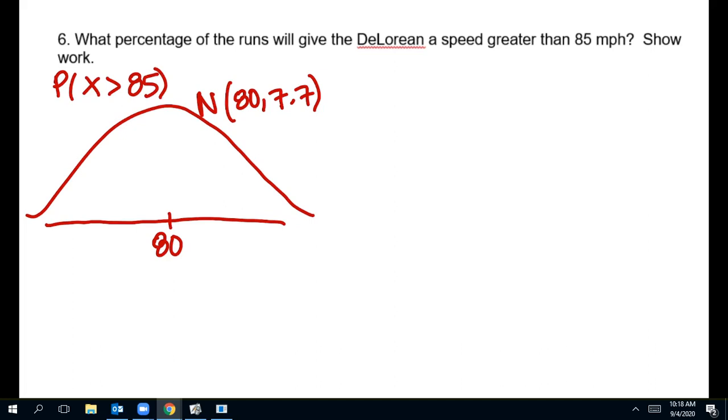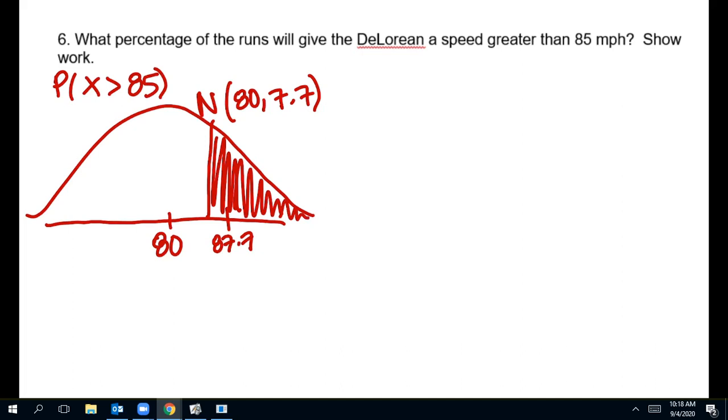That way, we don't have to label the whole curve. Now we're going to think about where 85 would be. So that's above 80. This would be 87.7. I like to label just 1 so I can get a good estimate of where 85 is. Then I'm going to shade it to the right because it's greater than.